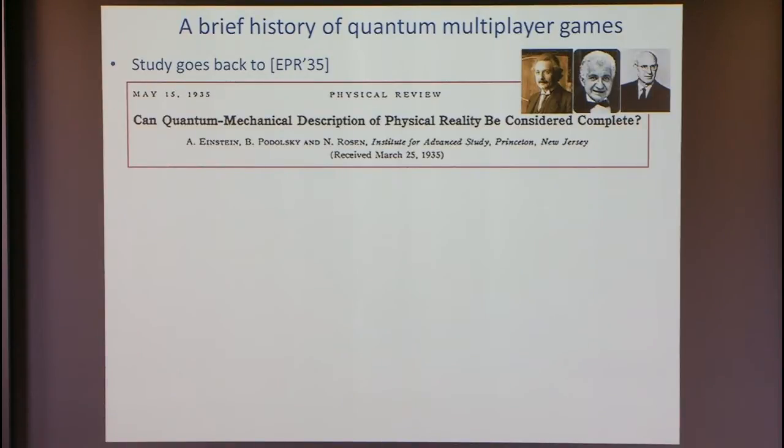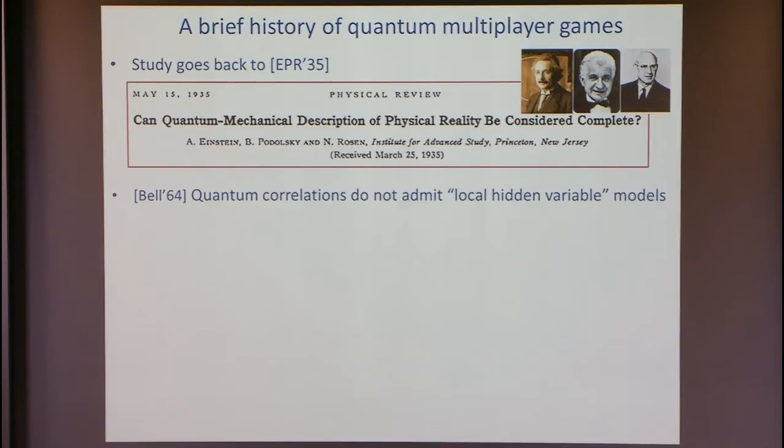They observed that quantum mechanics seems to predict very strong correlations that can be obtained by measuring particles that are space-time separated. And this is sort of contrary to intuition. Or depending on how you phrase it, it can be contrary to intuition. And the way they phrased it, it was contrary to intuition.